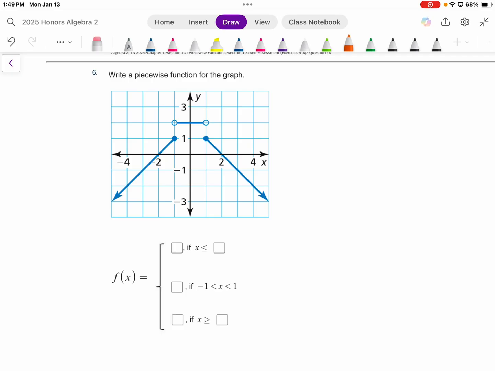So now what I'm going to do is start with the boxes where the numbers are. Now they gave me stuff, they gave it away. They told me in the middle that this was between negative 1 and positive 1. That's the x values. And that's what they're telling me right here. I have some line between those 2 x values, and there are no open circles because there's no bar.